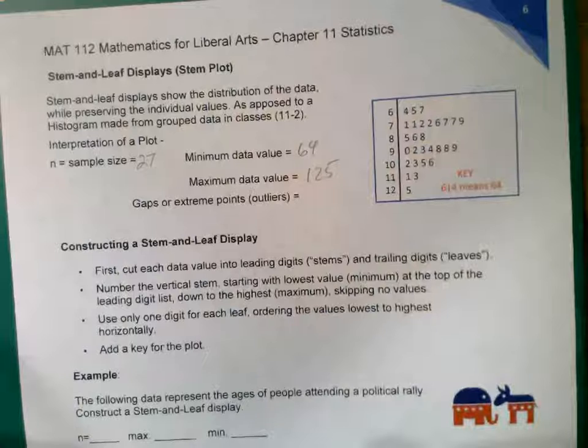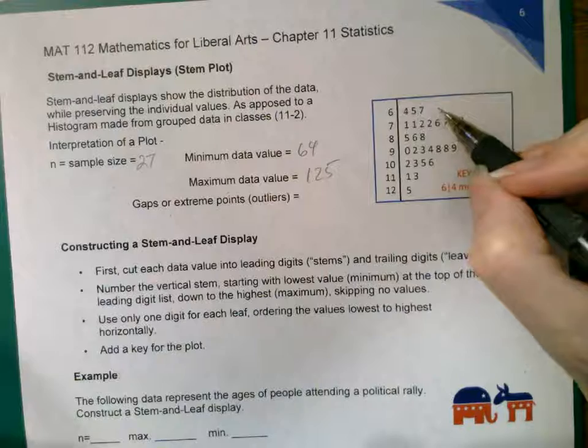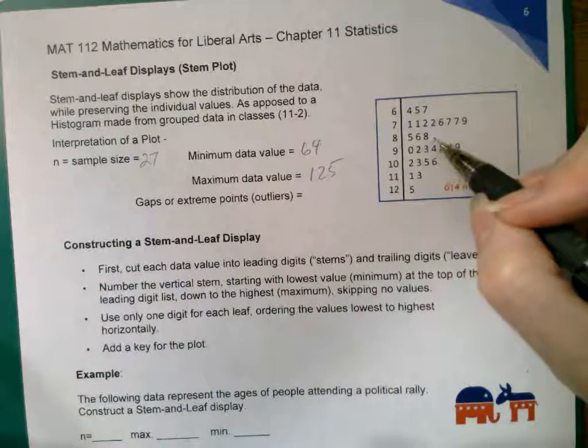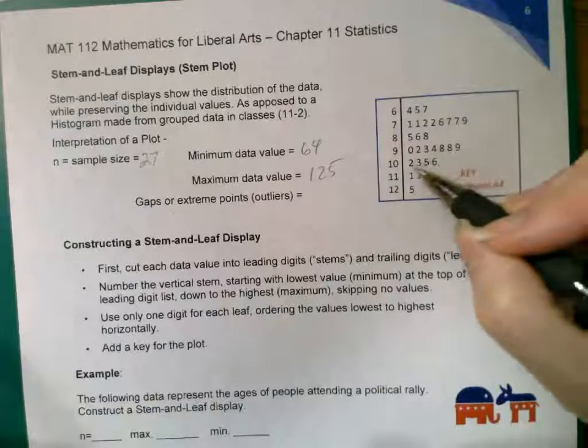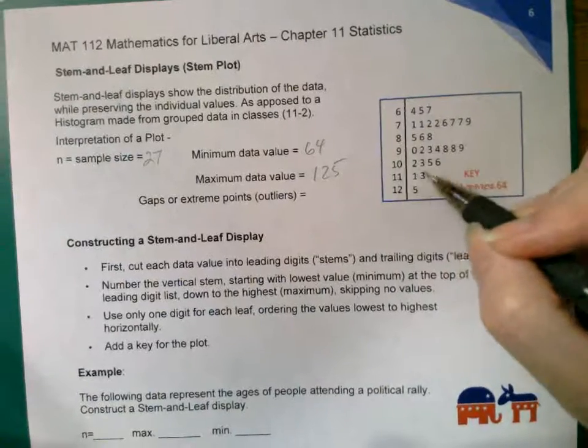Any gaps or extreme points, as in outliers? I don't know that there's any big gaps. There's no 68, 69, 70. Nothing that really stands out. It's pretty uniform, although this looks a little thin in here.